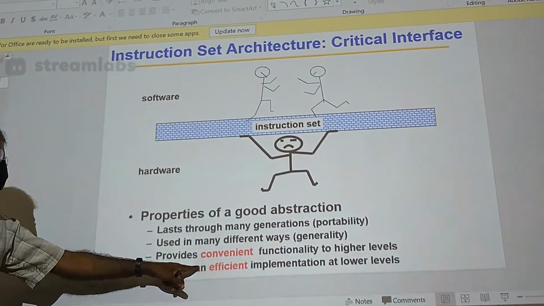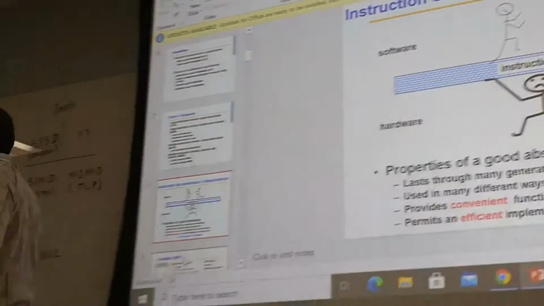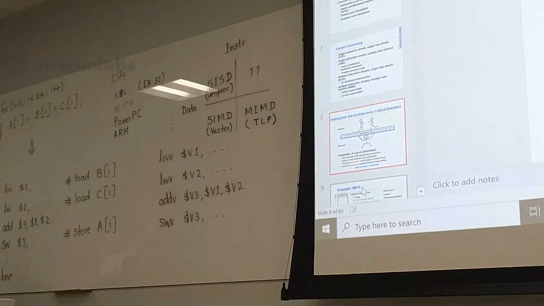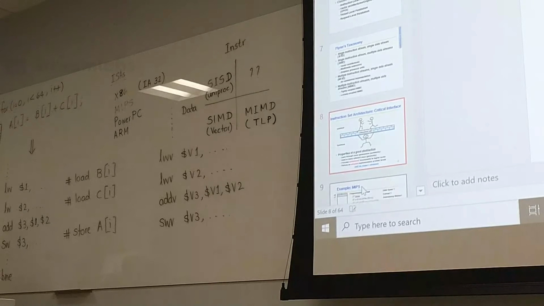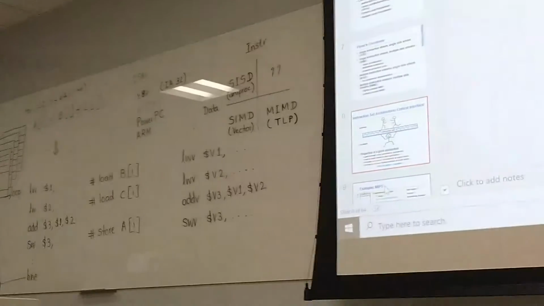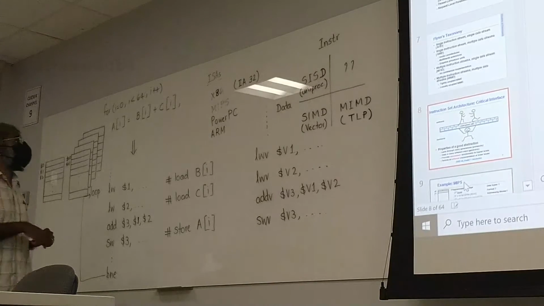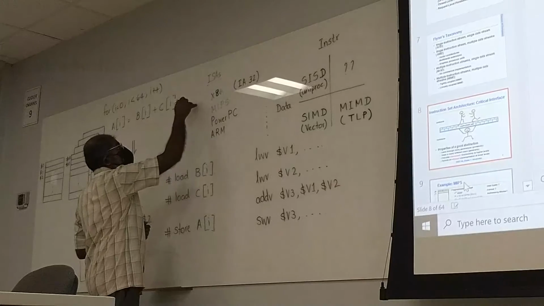Was it a good ISA to provide efficient implementation? What do you think? Those of you who are familiar with x86, yeah. Is x86 less memory hungry compared to ARM? ARM is more power hungry, but in terms of memory, in terms of program size, yes. That was kind of what you were saying about RISC and CISC.